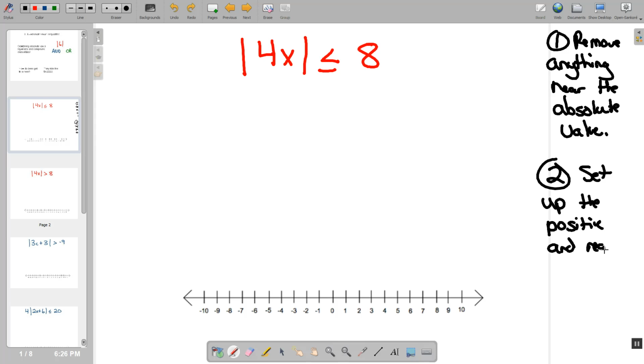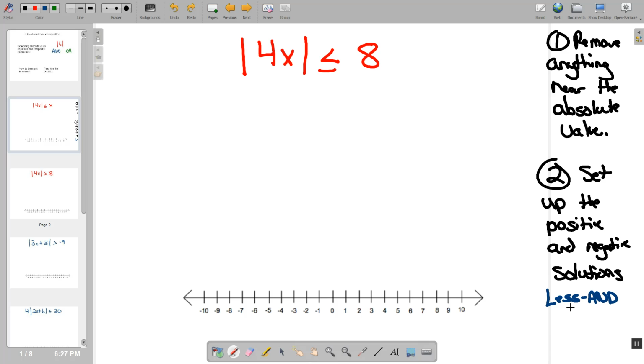In this case, we have an equation that has an inequality in it, so it's going to be a little bit different here. You're going to go down to step 2, which says set up the positive and negative solutions, and there are a few little weird ways that I remember if we are looking at an and statement or an or statement. This one is a less than statement, so I think of less than, and.